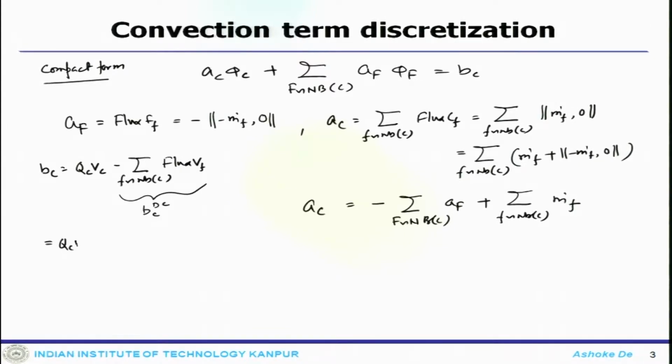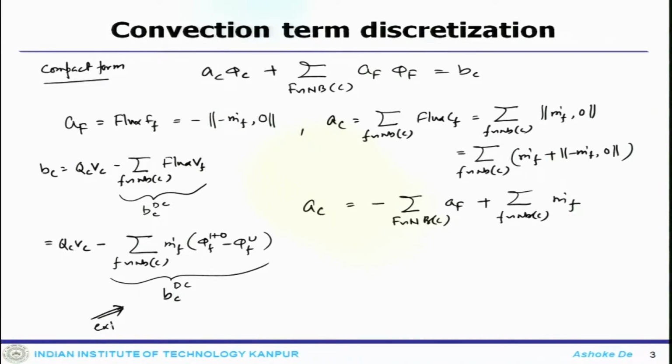So, this is q_c V_c minus summation over nb(c) of m dot f phi_f^u. This is the term which is represented as the source term due to deferred correction. One can see this is an extra term arising due to the deferred correction procedure.